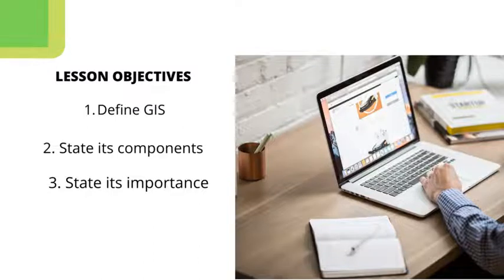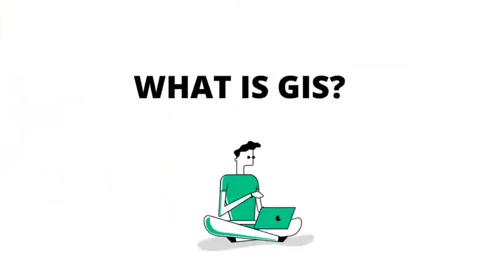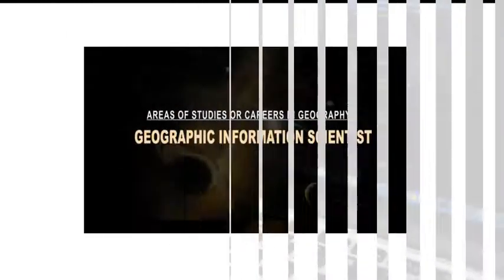First, what is Geographic Information Science? It stems from the field of Geospatial Science or Geospatial Information Science.